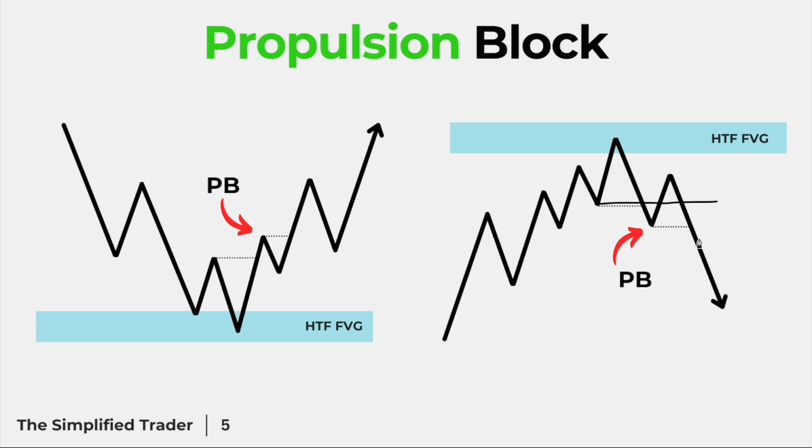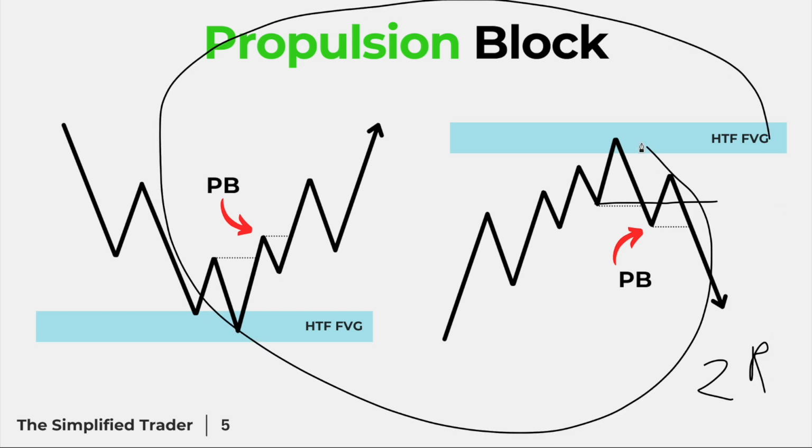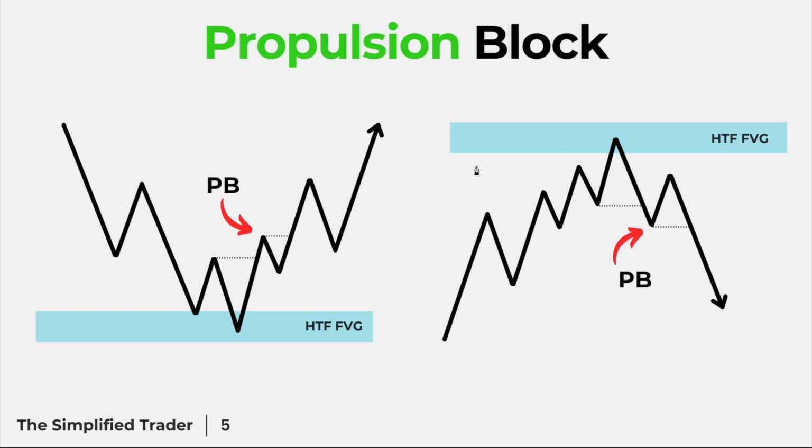Or we can wait for price action to retest our propulsion block, take a trade, and get a limit order entry. So we can drag our propulsion block across, wait for the market to trade back to our propulsion block, get on side with this trade, and then we can take a 2R. Let me show you how all of this works together on a live market.